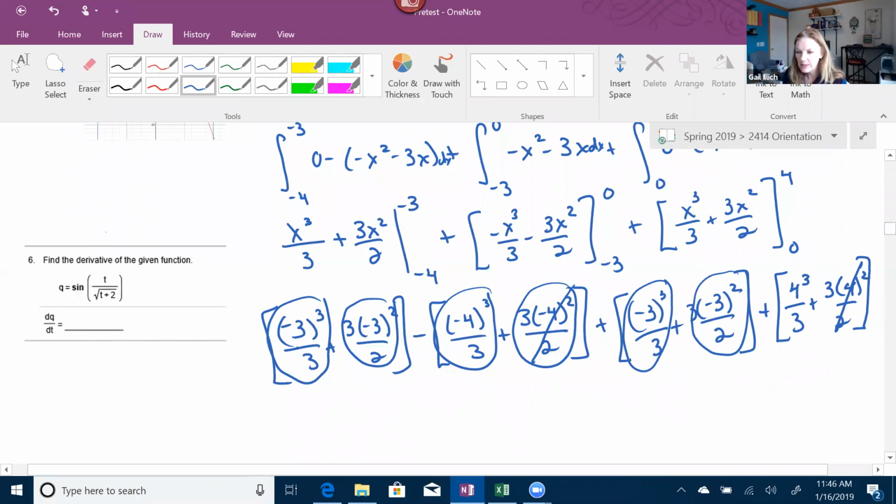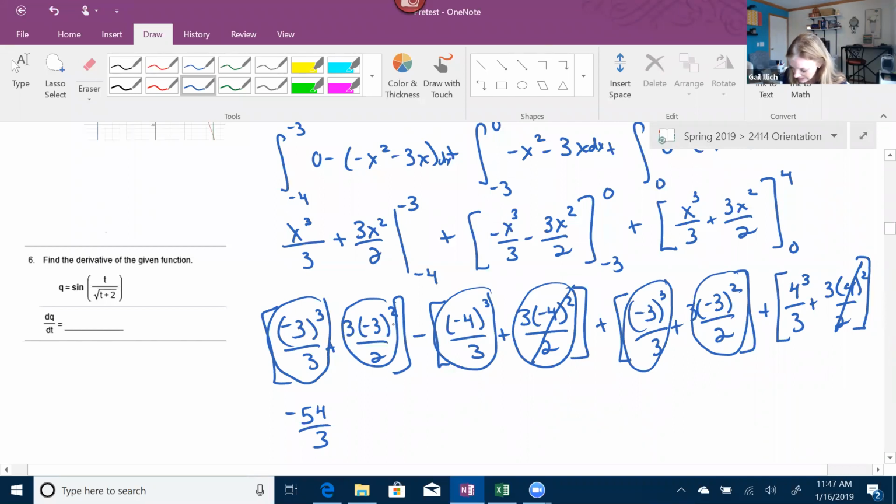negative 3 cubed is negative 27 thirds, and you have 2 of them, so that's negative 54 thirds. And then there's a positive 27 halves, which means you have 2 of them, which is a half plus a half is a whole.